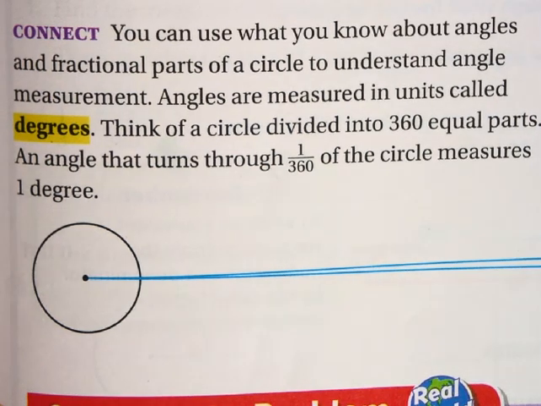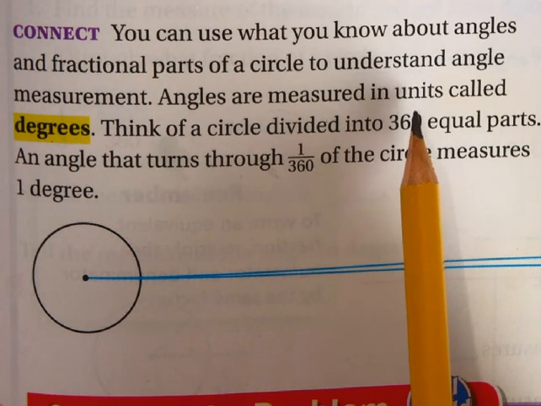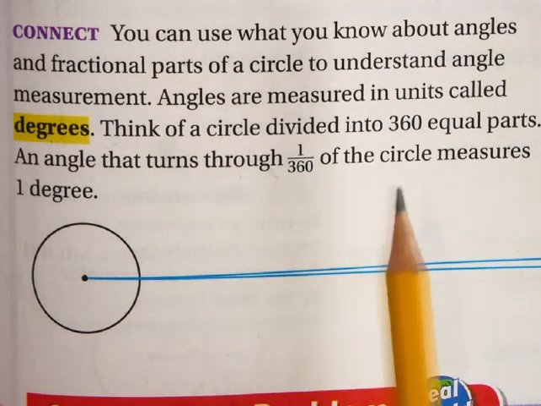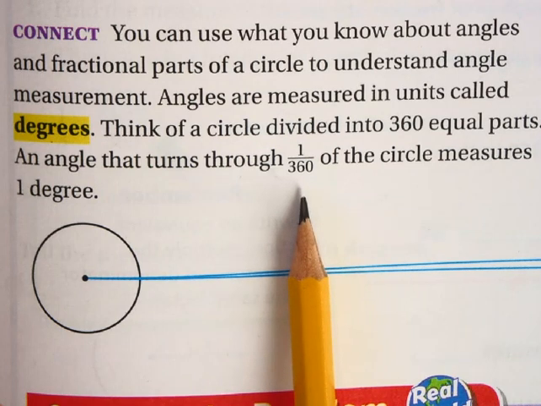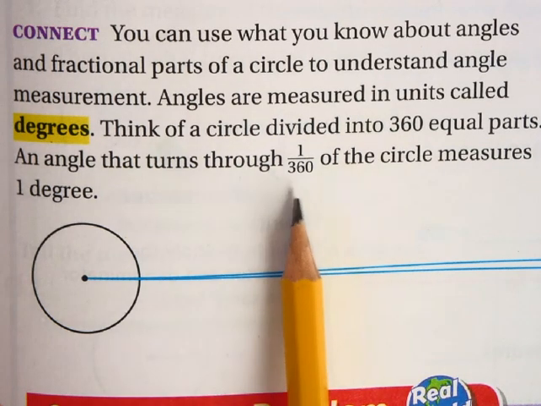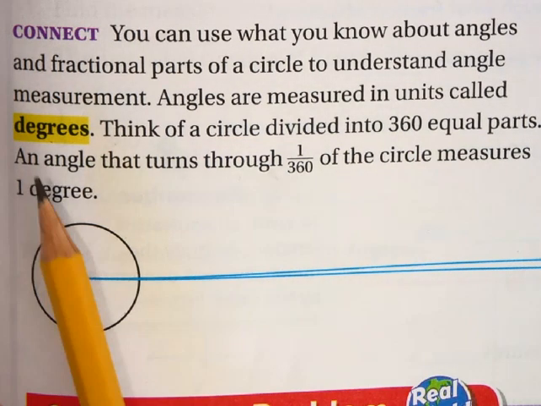So that word kind of called out to me, units. Well, we know that if we have a 1 as our numerator, this is a unit fraction. And that helps me really think about the units that we call degrees.